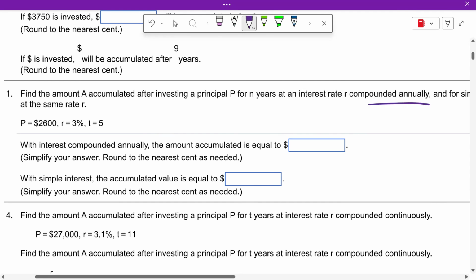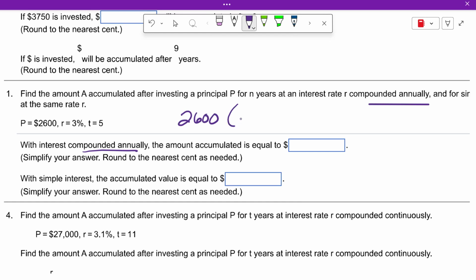If it's compounded annually, the amount is times 1, and then 0.3% divided by 1 time per year is 0.3%, so it's 1.03 to the 5th power. Okay, you'd put that for compounded annually.